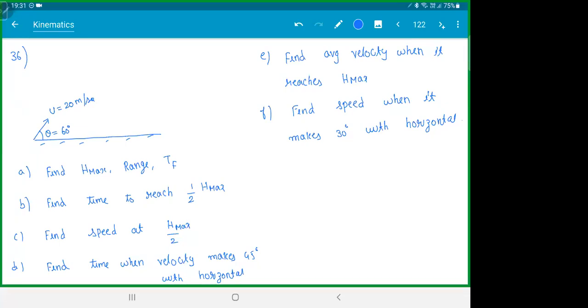The answer for the second part. Root 150 by 5.